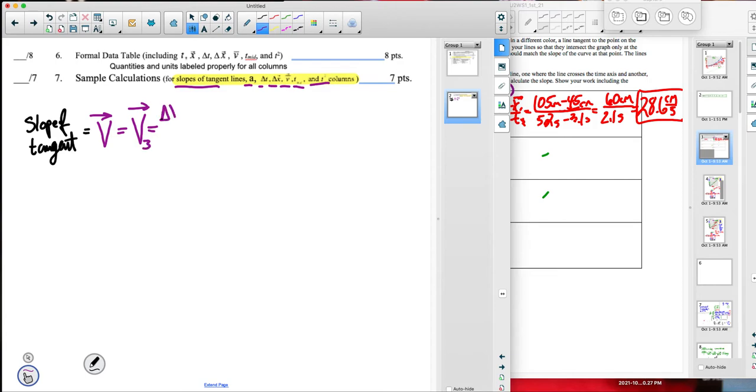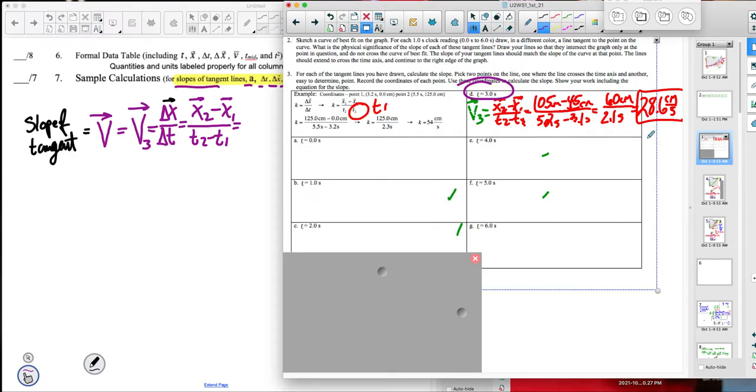We would want the general equation, which is change in position divided by change in time. I'm going to use the expanded version: position 2 minus position 1 divided by clock reading 2 minus clock reading 1. And I'd fill in the values that came right from this other document right here.